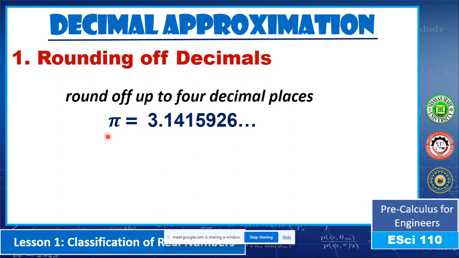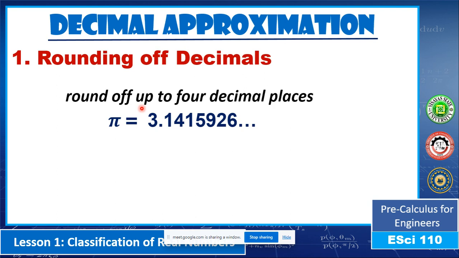By the way, class, for the information of everybody, this decimal approximation is very important. As I've told you, when you write a book or a thesis, or if you are going to input or encode something, or manually solve a certain problem, writing the entire pi would be very difficult and take a lot of time.